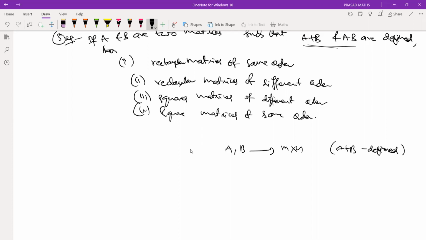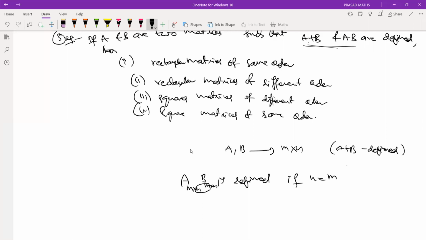A into B is also defined provided A is of order m by n and B is of order m by n, so the number of columns of the first matrix equals the number of rows of the second.